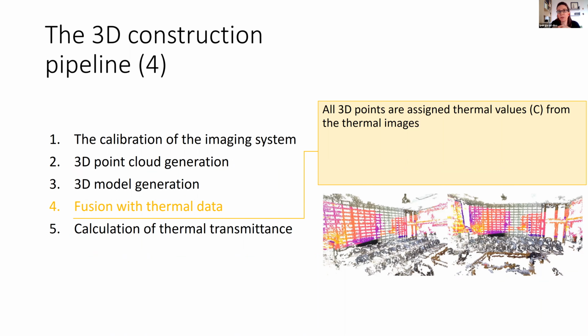Each 3D point of the point cloud is projected onto the thermal image planes. And if the depth and projected coordinates are within the image coordinates, they're accepted as point correspondences. And the RGB color representing the temperatures is assigned to the 3D points.